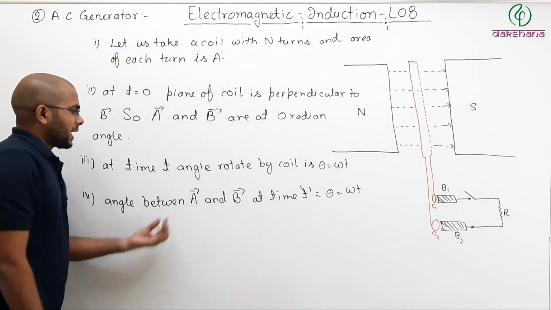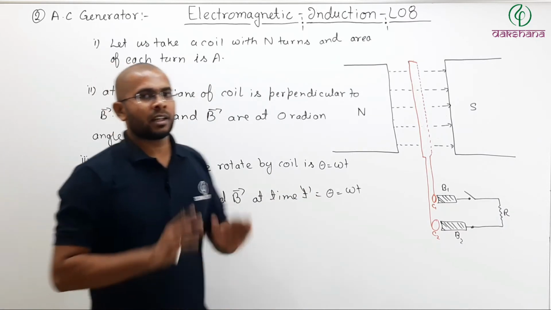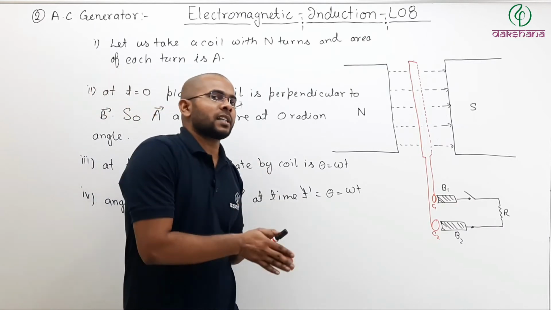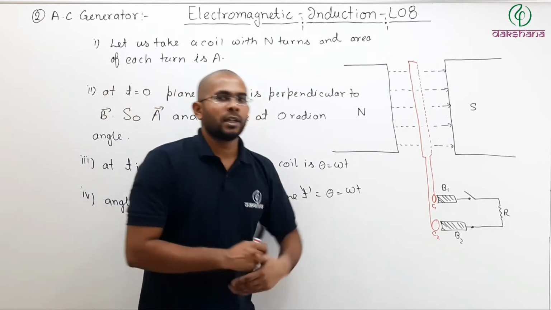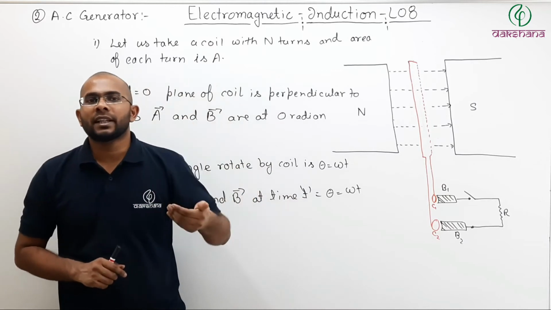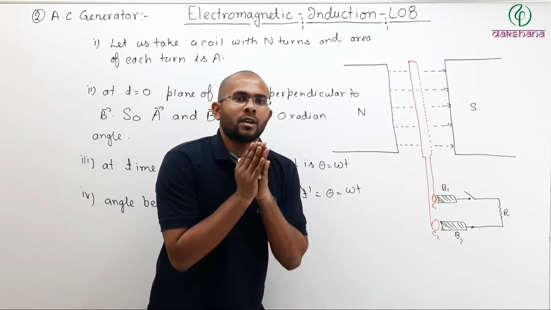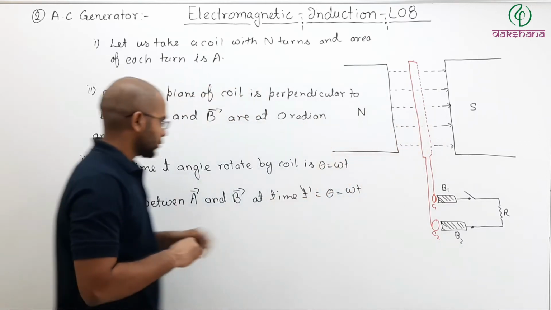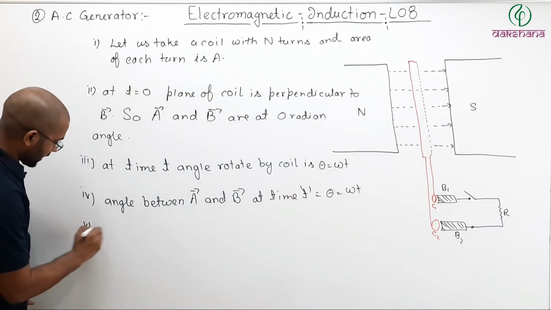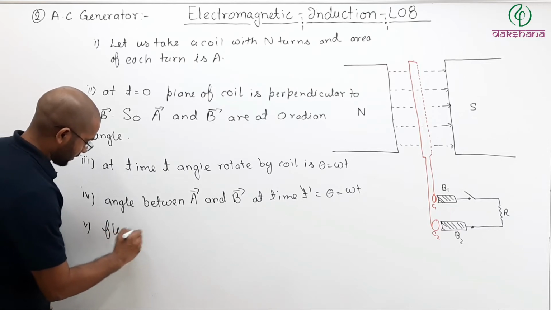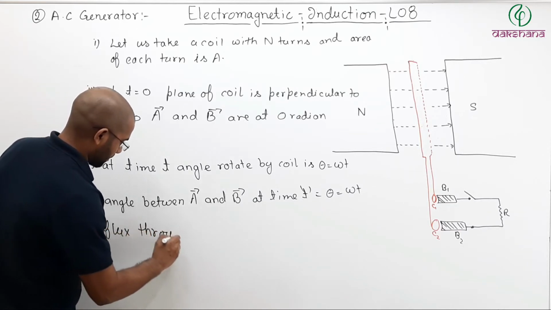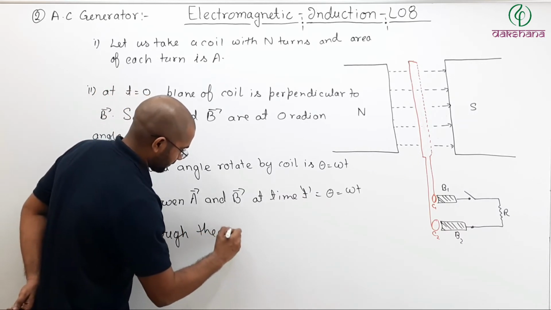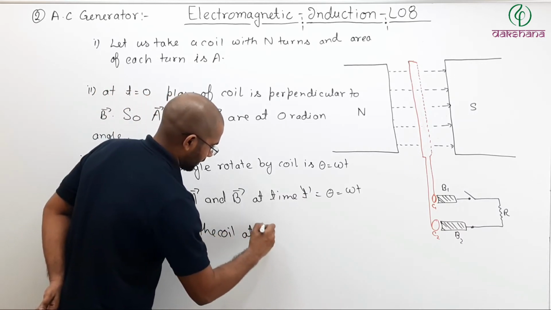Now, if the angle between area vector and field vector is known at a given time, then what is Faraday's law? According to Faraday's law, your EMF can be calculated based on flux. So what would be the flux passing through this coil? Let us write the flux through the coil at time t.